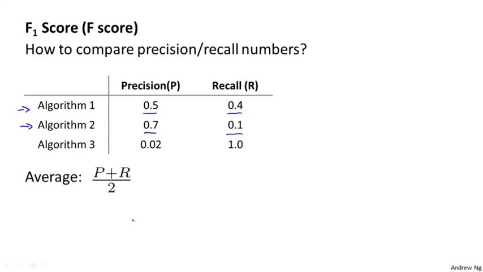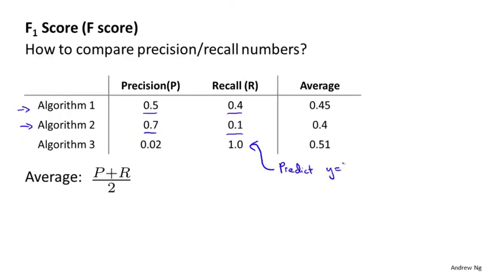One natural thing that you might try is to look at the average between precision and recall. So using P and R to denote precision and recall, one thing you could do is just compute the average and look at which classifier has the highest average value. But this turns out not to be such a good solution because, similar to the example we had earlier, if we have a classifier that predicts y equals 1 all the time, you can get a very high recall, but you end up with a very low value of precision.